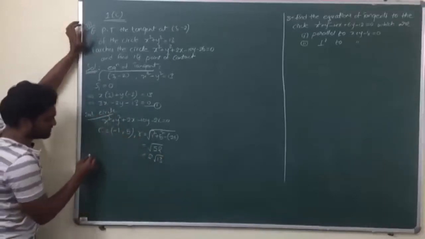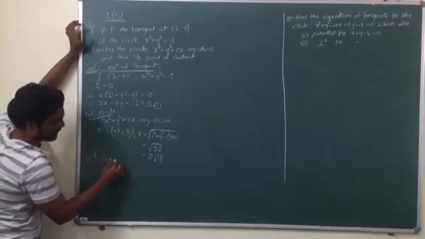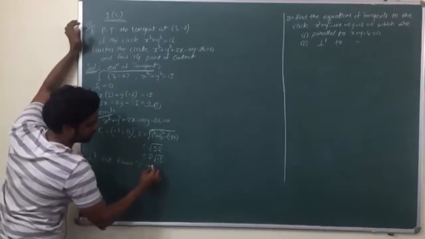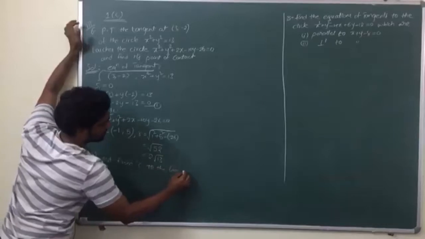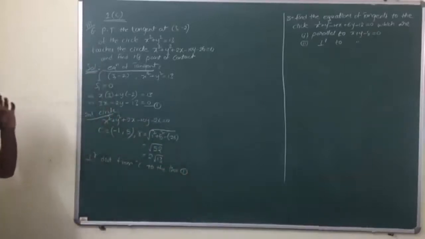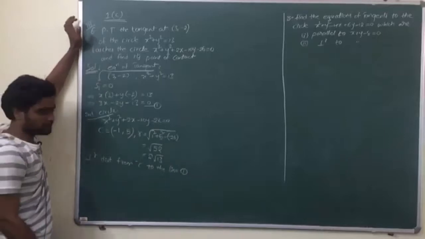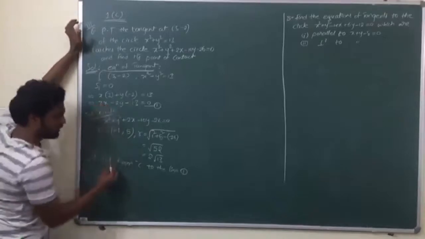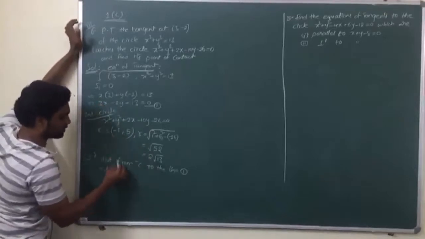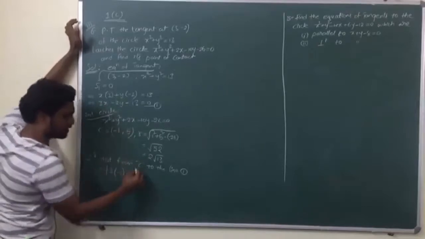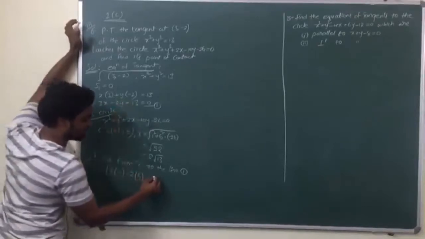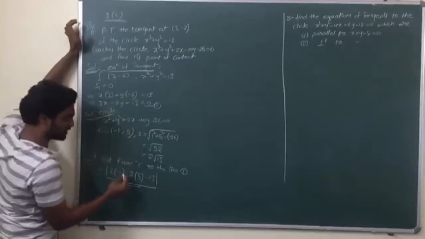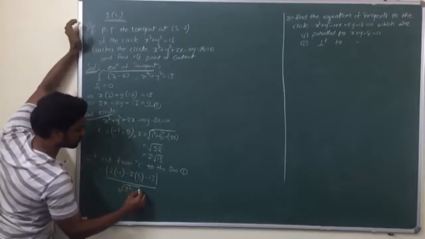Now, perpendicular distance from C to the line 1. How do you find that? Mod of ax1 plus by1 plus c. Do you remember the formula? 3 into x1 minus 1, minus 2 into y 5, minus 13, upon under root a square plus b square, 3 square plus 2 square.